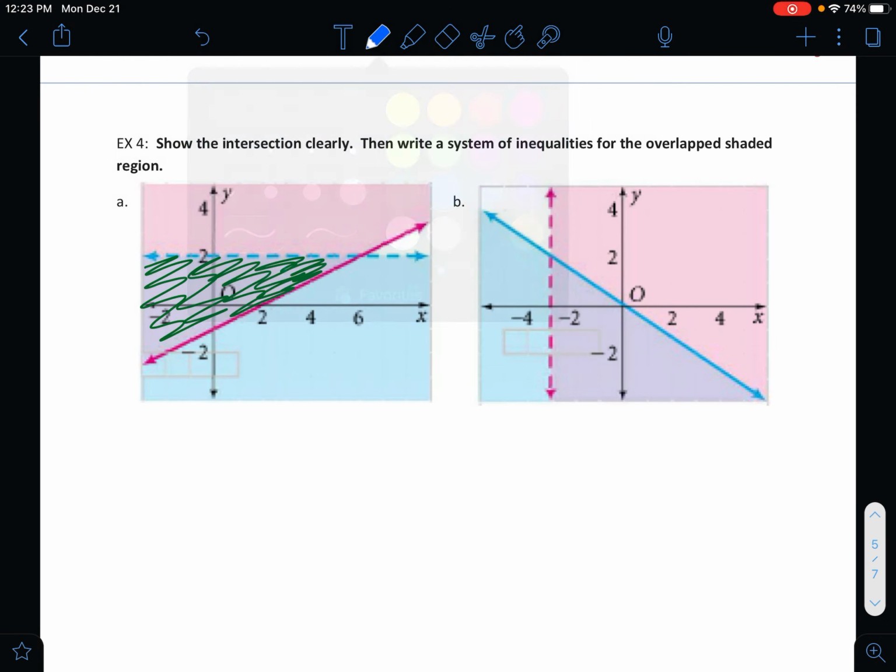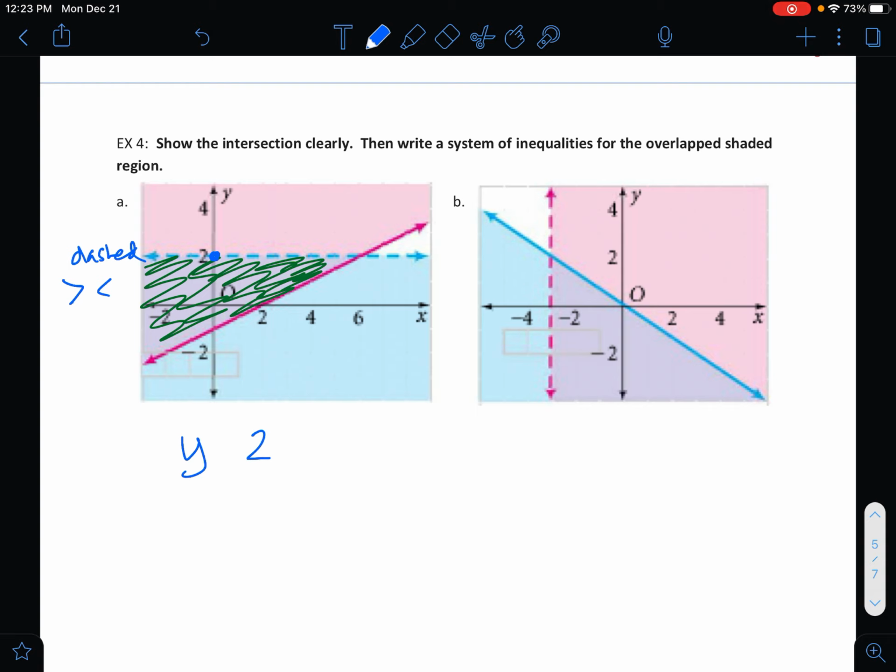Okay, let's do the first one that is in blue on my screen. It is horizontal. So it's in the form of y equals a number. So I'm going to leave a space here. It's going through 2 on the y-axis. So it's going to be some kind of inequality compared to 2. All right, dashed. So it's just greater than or just less than.